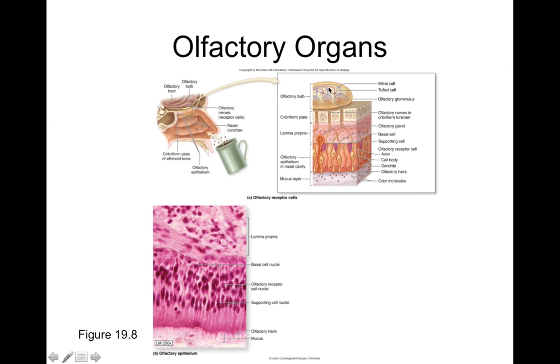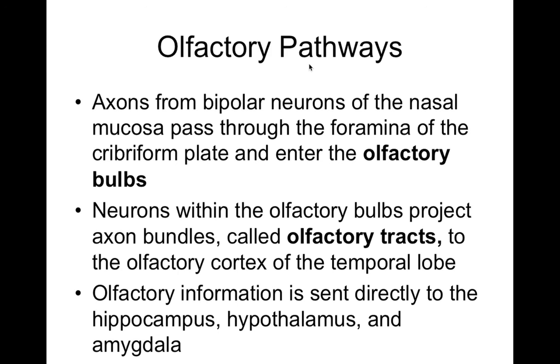Once the processing of that information occurs in the bulb, we have cells that send axons out towards the parts of our brain that are sensitive to olfactory information, like the learning and memory centers of our brain. Remember, the olfactory bulbs sit in the cribriform plate of our ethmoid bone, located just below the frontal lobes.